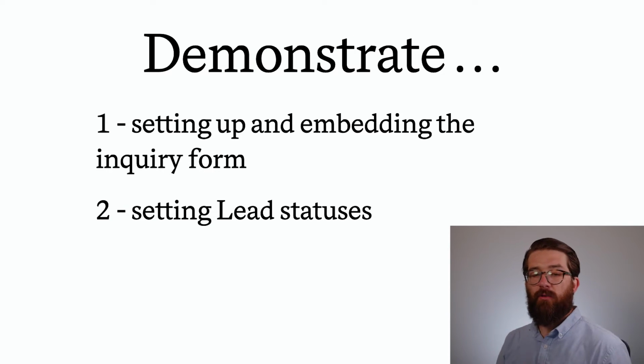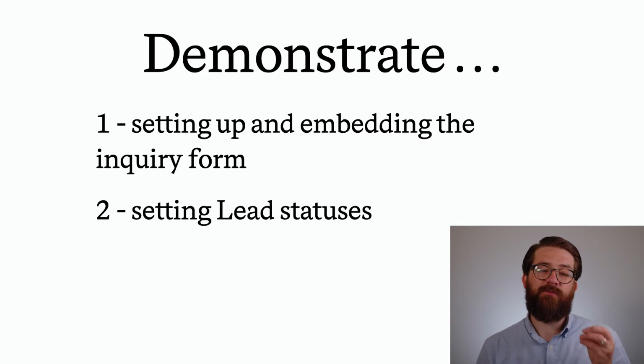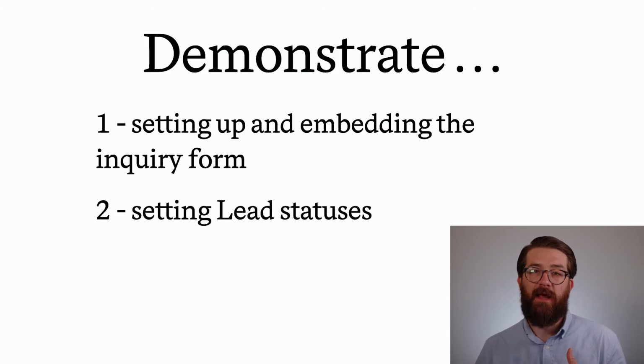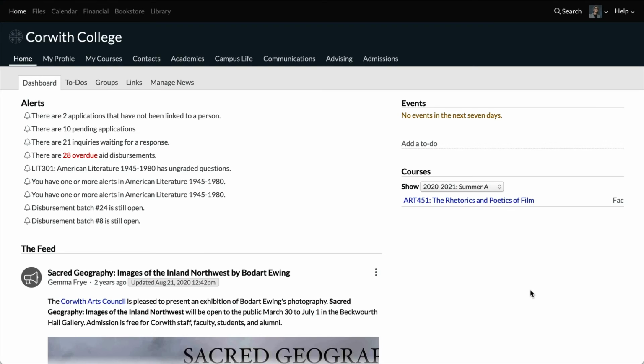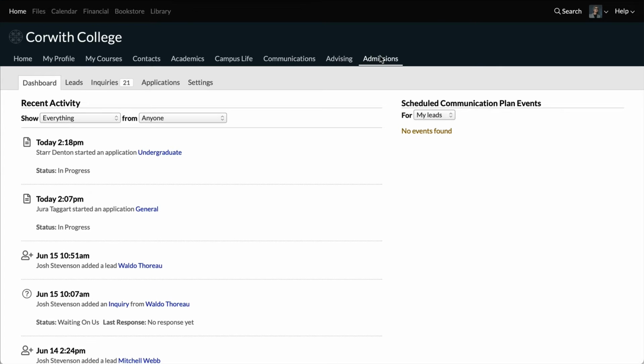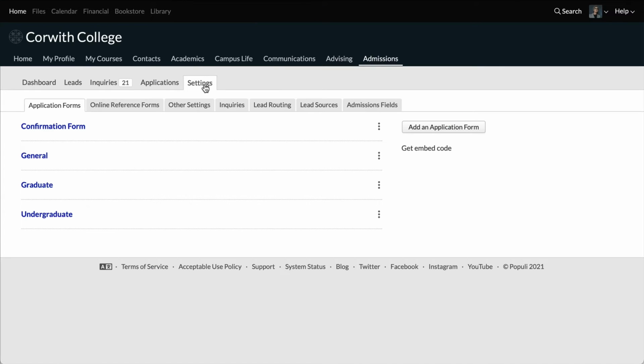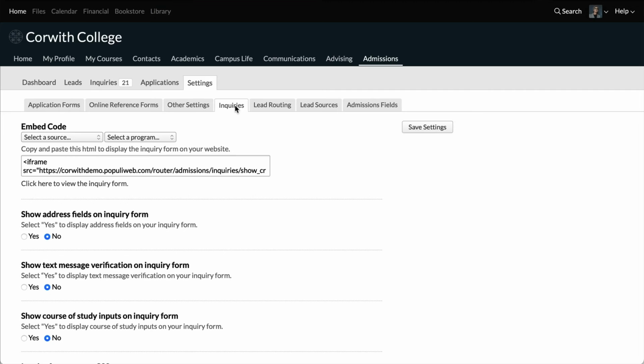Okay, so right now we're going to briefly demonstrate these 2 aspects: setting up and embedding that inquiry form, and then setting lead statuses. To get to the inquiry form, you'll go to admissions, then into settings, and then into inquiries. The first field on the form is that embed code there.